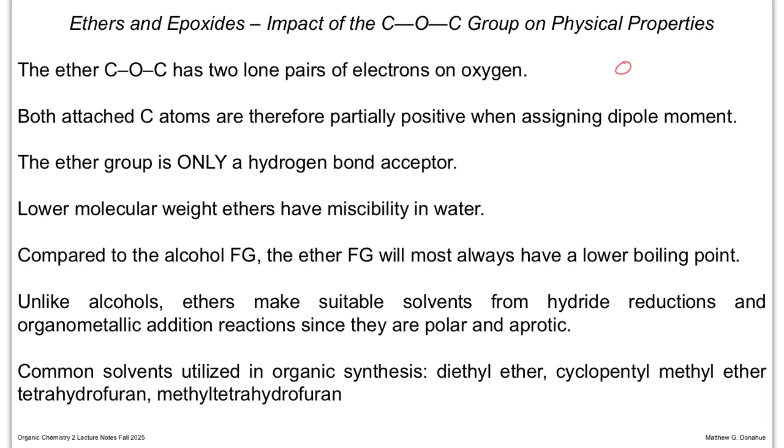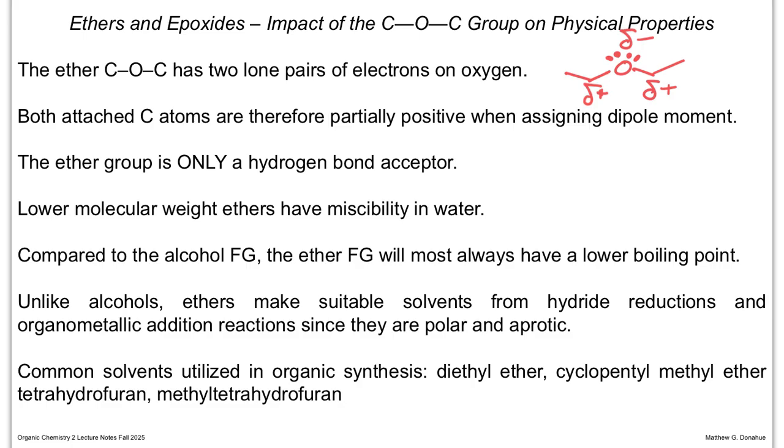So let me just use the diethyl ether as an example. So we know that oxygen has 2 lone pairs. So the oxygen is delta minus, those carbons are therefore delta plus.